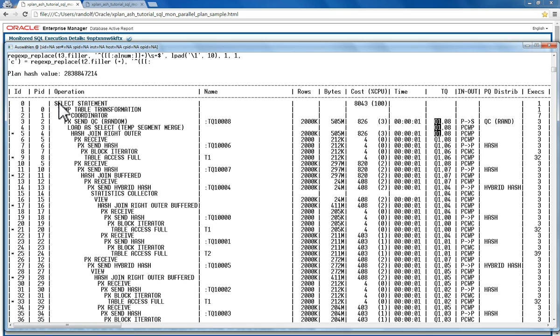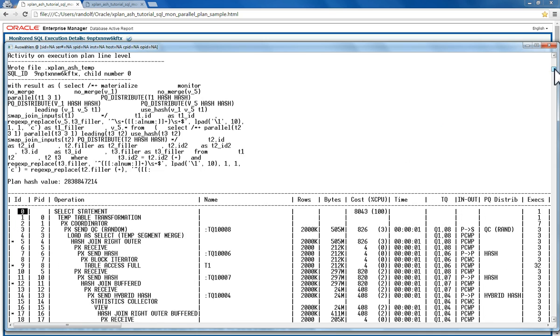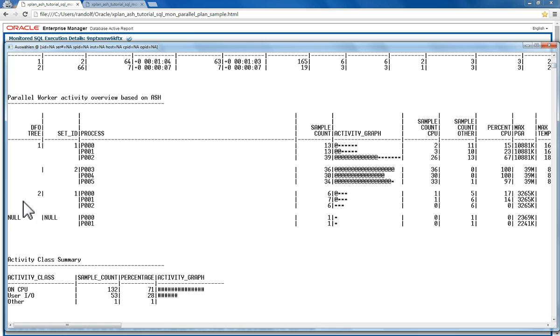So obviously there were samples for these processes that were showing this ID 0 for the execution plan line. Hence I show them in a separate section just to make it more clear and obvious that you can end up with samples of parallel processes that do not really belong to any of these DFO trees.